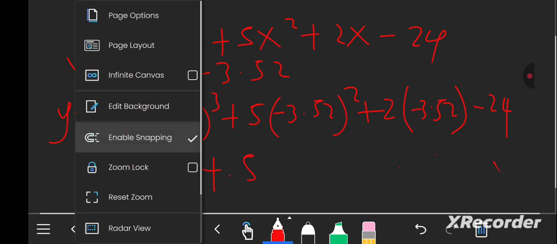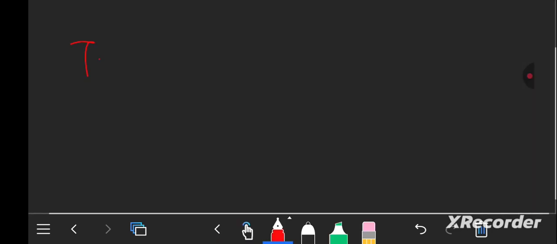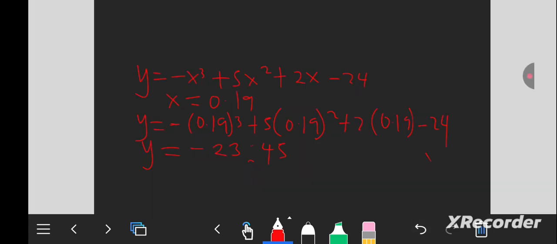So what will be our turning points now? Let's just write them here, so that we represent the turning points in coordinate form. For the first one, when x is equal to 0.19, the y value is negative 23.45.